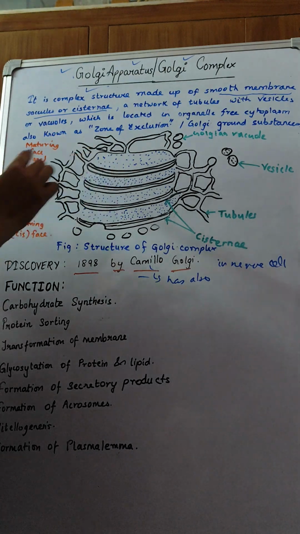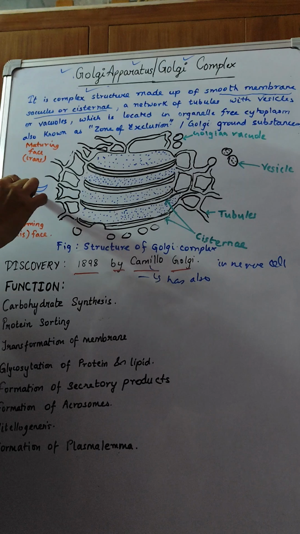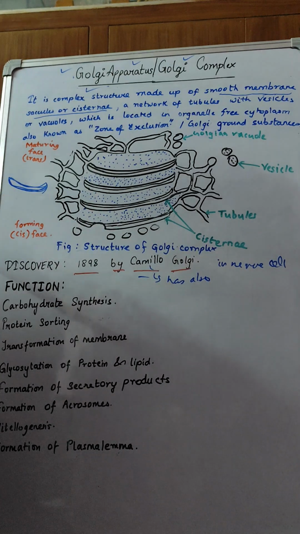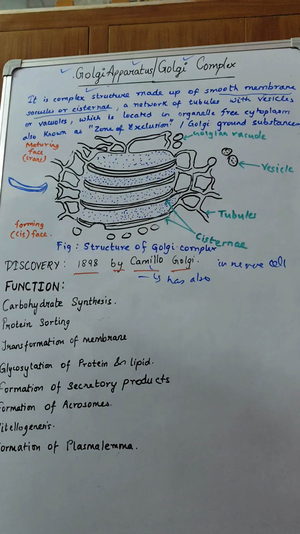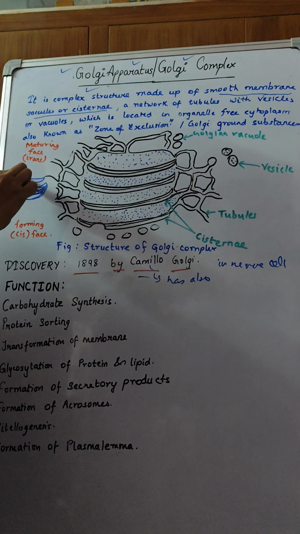Saccule or cisternae means a bag like structure. Now this is in the form of cisternae, which means it has a flat, disc like structure, and these are parallel to each other.